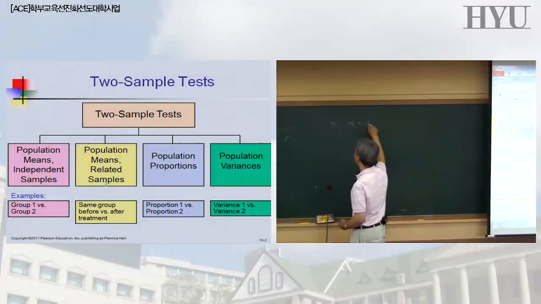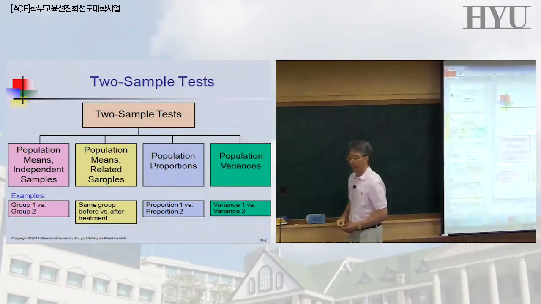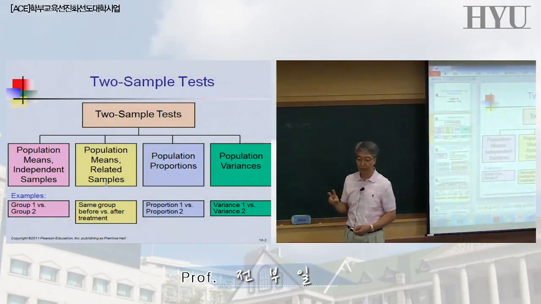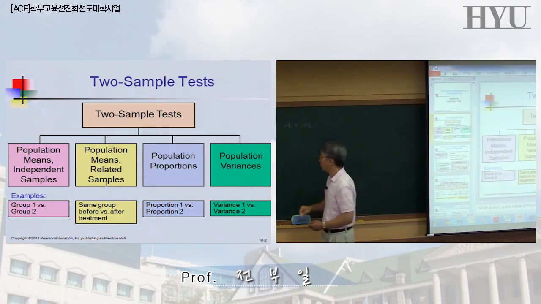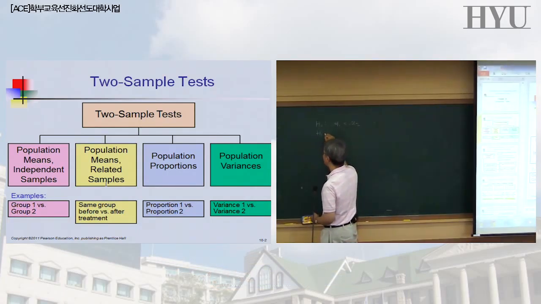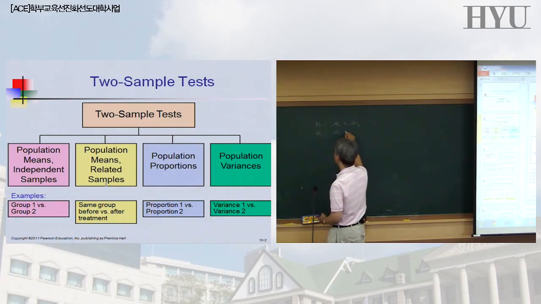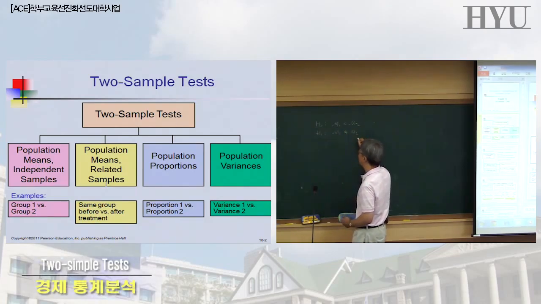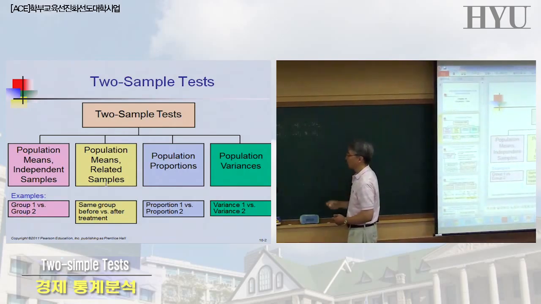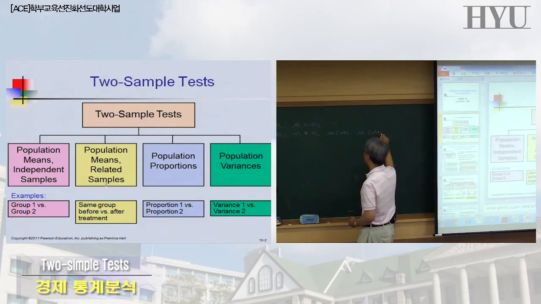mu1 is equal to mu2, which claims the population means from two separate populations are equal, right? And then the alternative hypothesis can claim mu1 is not equal to mu2. Well, these cases will be two-tailed tests, right? Or you can say, if you want to find out more exactly whether it's less than or greater than, okay?